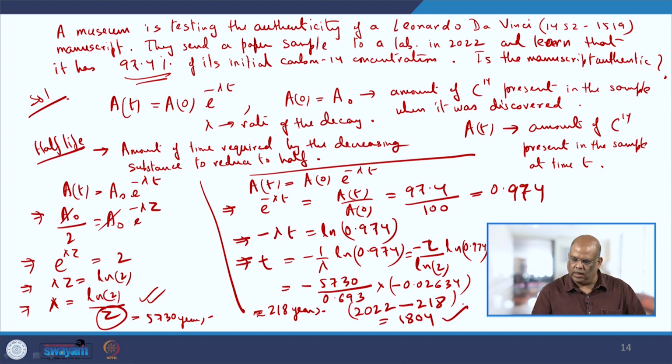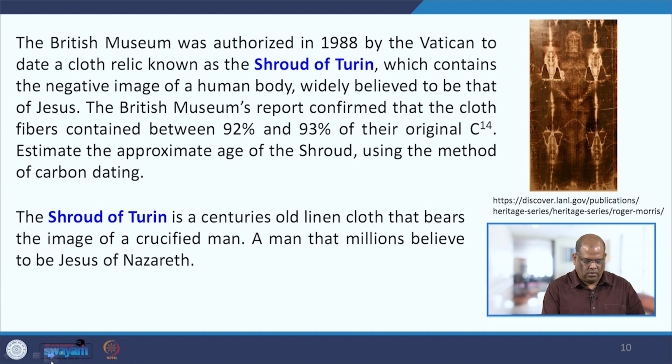So, this does not fall in the period of Leonardo da Vinci, and hence the conclusion is that the manuscript that is claimed to be Leonardo da Vinci's is not authentic. So, that is how you test a sample and check the authenticity of a relic or a fossil or a bone like that. Let us take another example, say the Shroud of Turin.